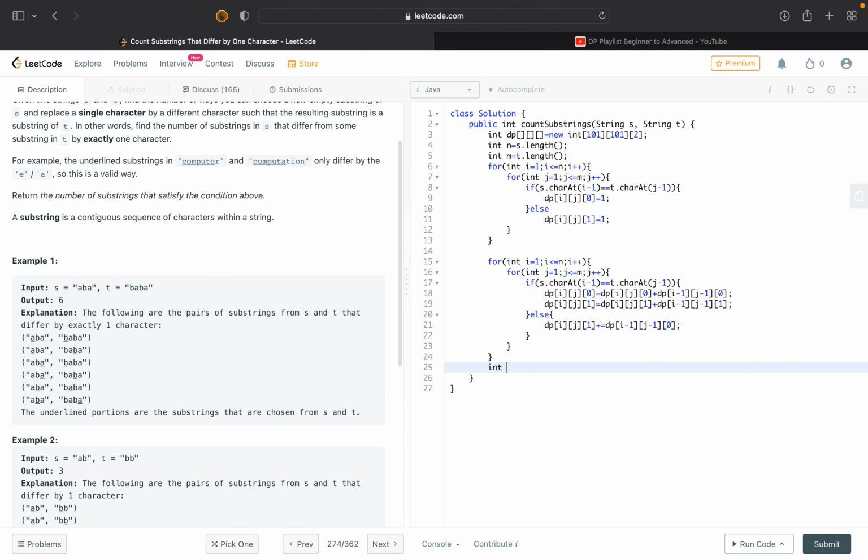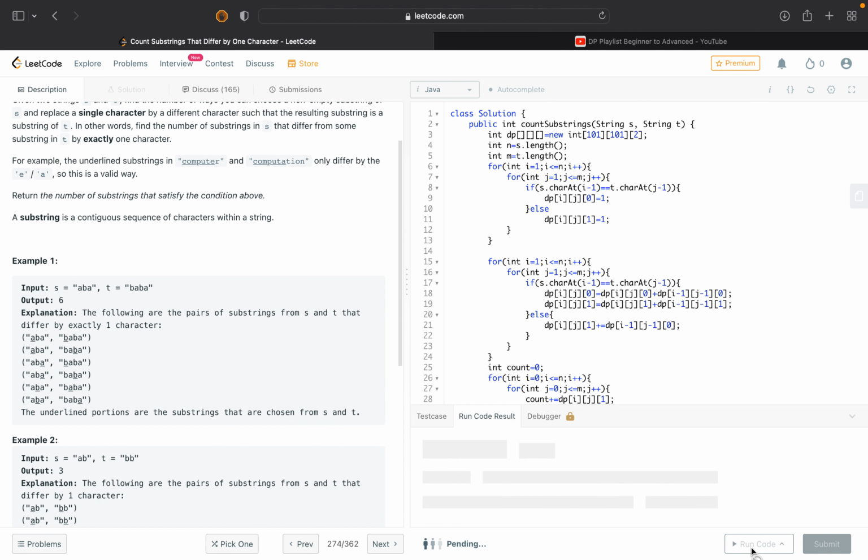Now we will simply create a count variable and iterate over all the indices of the blue array, adding dp of i of j for the blue array, and then we will simply return our count variable.